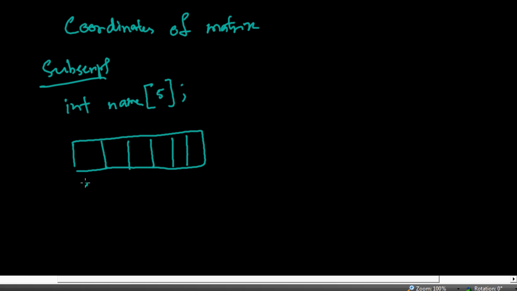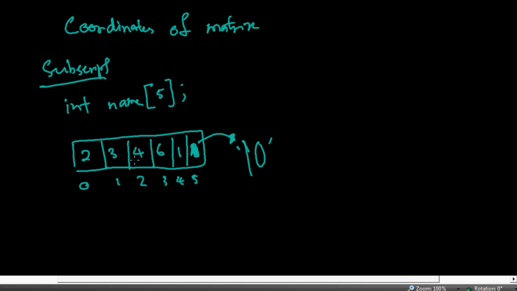Okay. 0, 1, 2, 3, 4, 5. Now each of these are called subscripts, as I've mentioned in a previous video, and each of this will have its own element. Let's say integer, I have 2, 3, 4, 6, 1, 3. Now see the last thing over here, it's actually supposed to be a null character. I made a mistake just now. Supposed to be a null character.